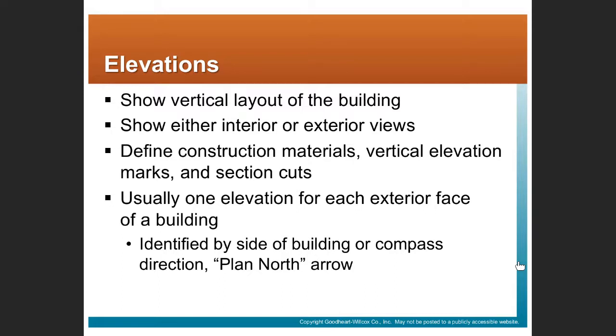Again, we're going to have north elevation, south elevation, east and west elevation. And they could either be true north or plan north. We're going to say north elevation, and that might be plan north, so we don't have to say north-northwest elevation if the building is cocked at 45 degrees or something.